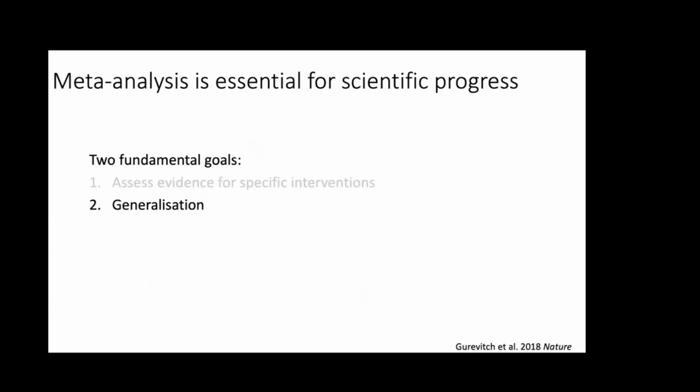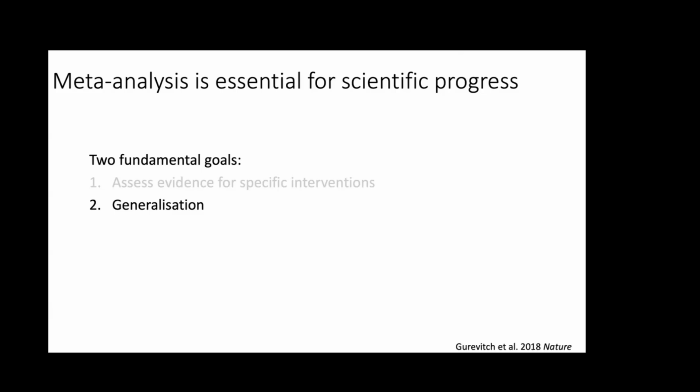The second way that we use meta-analysis, and this is certainly something that I've been involved with in lots of projects, is to ask whether or not a particular pattern is general across many different aspects of the same system, or when we look across multiple systems.